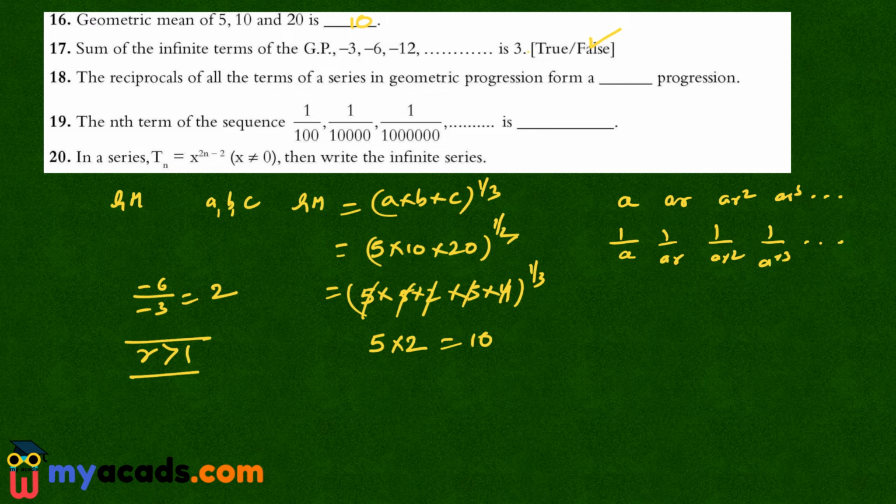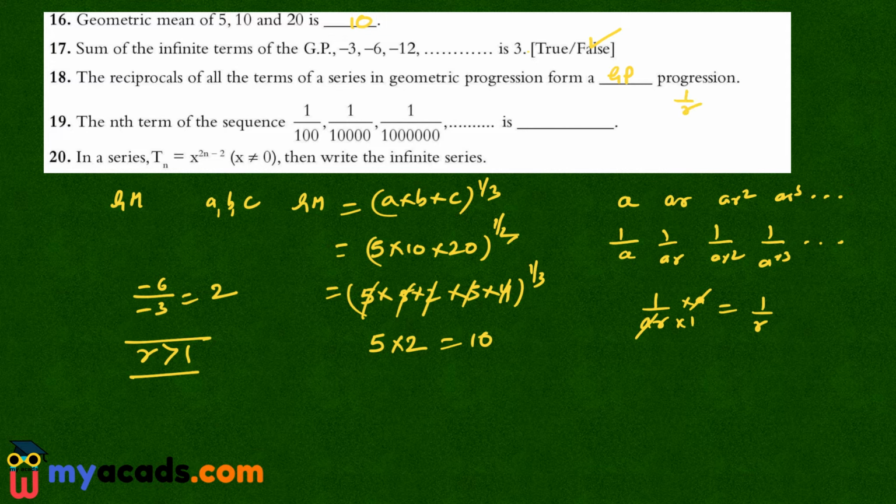Now let's see what the common ratio is. The common ratio is 1 upon ar divided by 1 upon a. So a will cancel out. My common ratio will become 1 by r. So it means the reciprocal of all the terms of a series in geometric progression will also be a geometric progression whose common ratio will be 1 upon r.